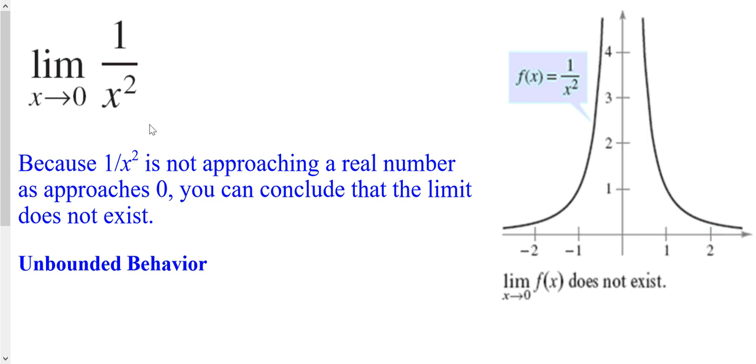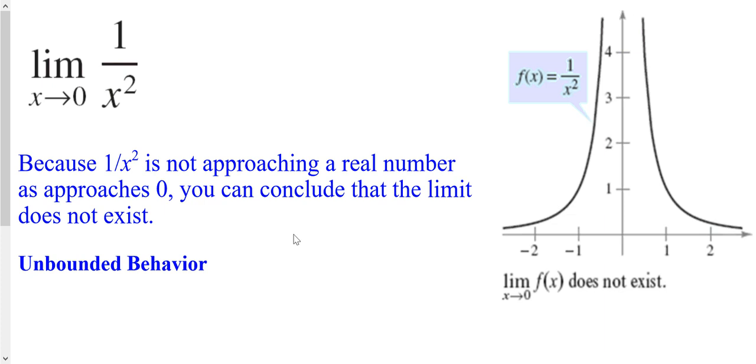Now here's another situation where your limit would fail to exist. Basically, what's going on here is we're having a vertical asymptote. As you approach from the left, we would say we're going up towards positive infinity. As we approach 0 from the right, your function goes up forever to positive infinity. So we would say your limit does not exist.